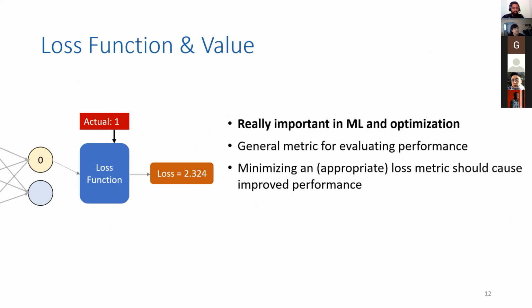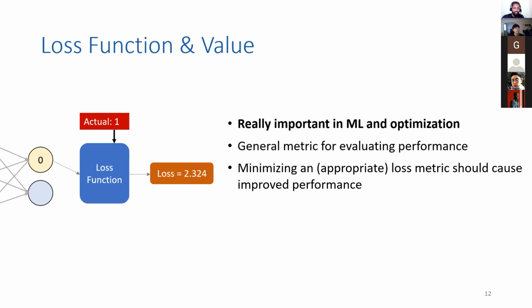All right, so loss functions and loss values are very, very important in ML optimization. In fact, there's some fun research showing that loss functions play a huge role in network performance, depending on how you define them. They're a general metric for evaluating performance in networks, and sometimes you can use the same loss function in multiple different tasks.